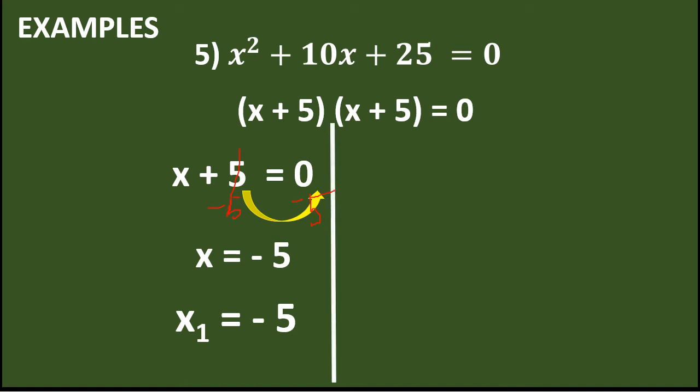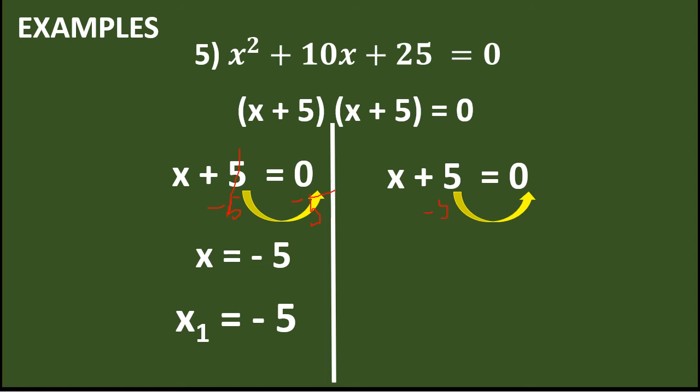What about the other one? We have x plus 5 equals 0. Again, we have to move 5 to the right side of the equation. The right way of doing that is using the additive inverse. What is the additive inverse of positive 5? That is negative 5.